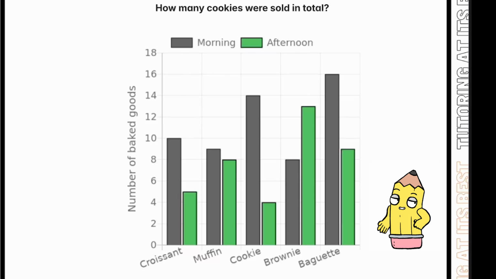From the bars labelled cookie, we can see that 14 cookies were sold in the morning and 4 cookies were sold in the afternoon. We can then find the total of this, which is 18. Therefore, 18 cookies were sold in total.